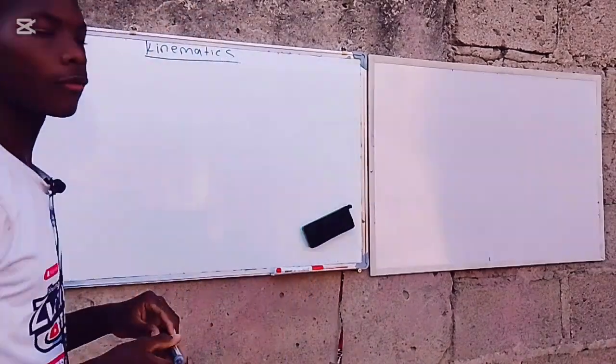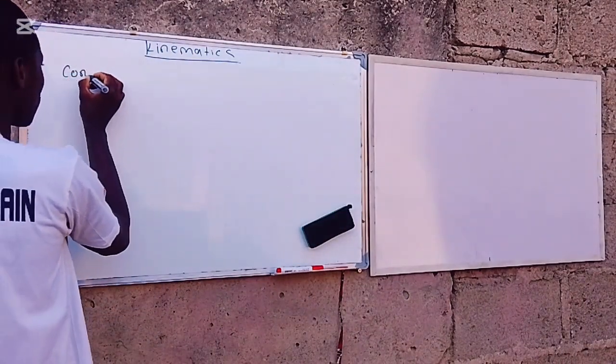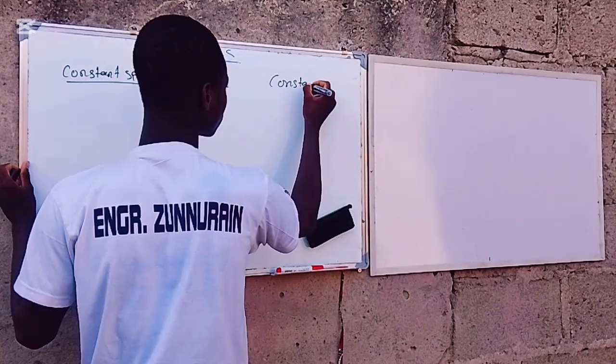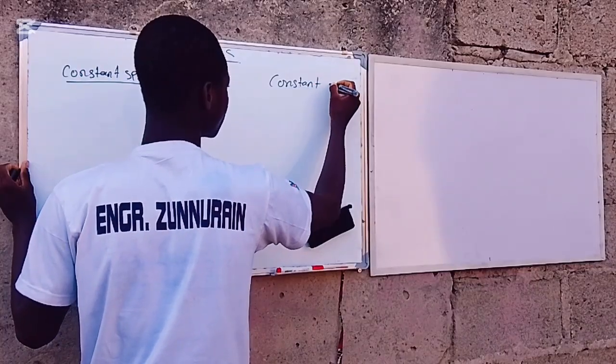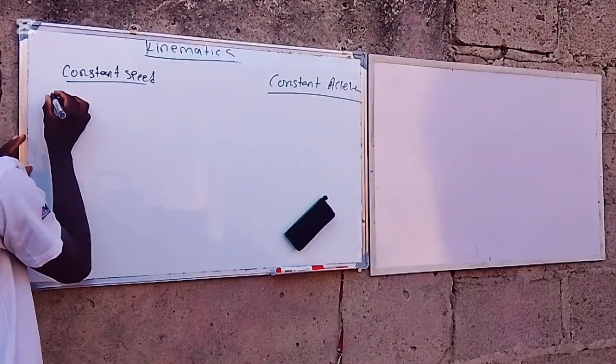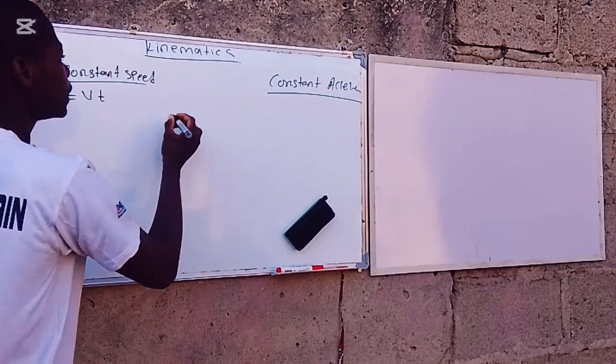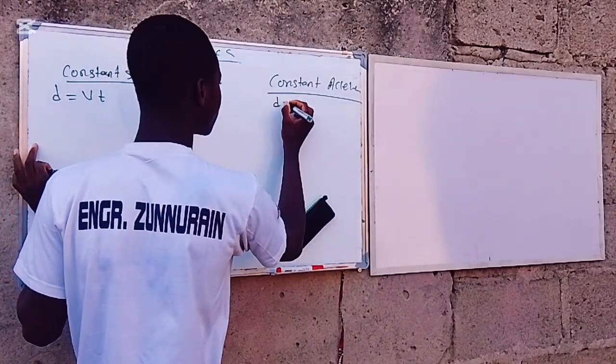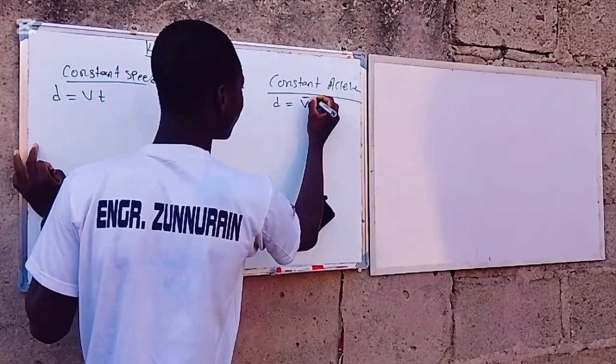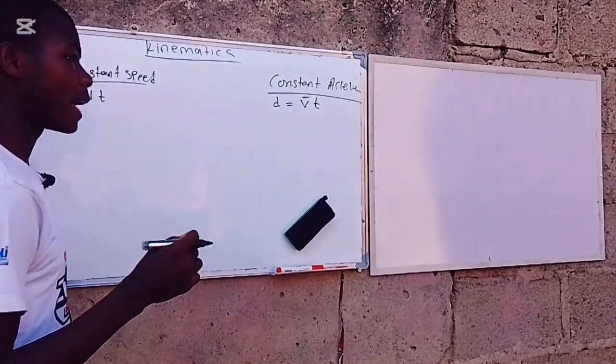So again, let's see some formulas under constant speed and constant acceleration. In constant speed, we all know that the displacement is equal to vt, and also the displacement is equal to the average velocity multiplied by the time.